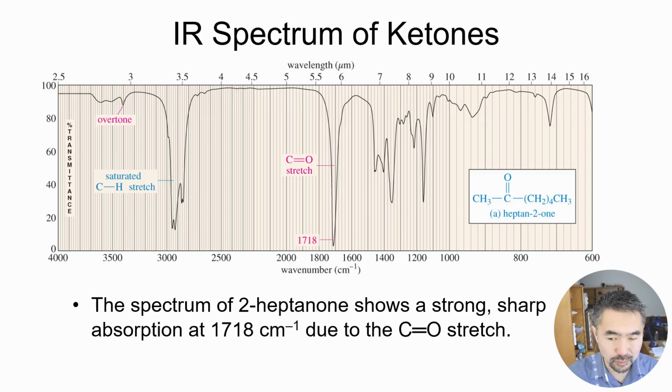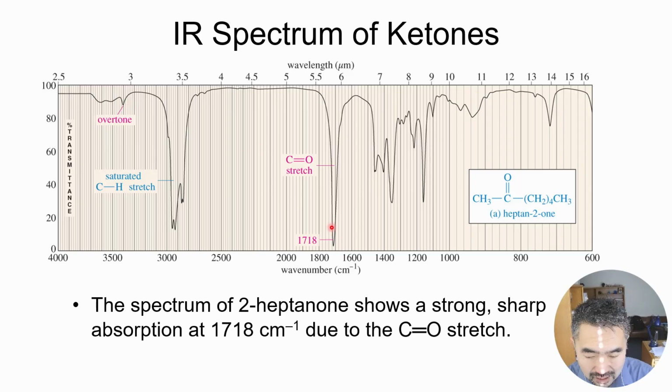Now, when you have a really strong signal like that, sometimes you get an artifact called overtone, which is right here. So I want you to note that that happens. The way you can spot an overtone, because of the physics involved that we're not going to get into, is that it shows up at approximately twice the wave number of the strong peak.